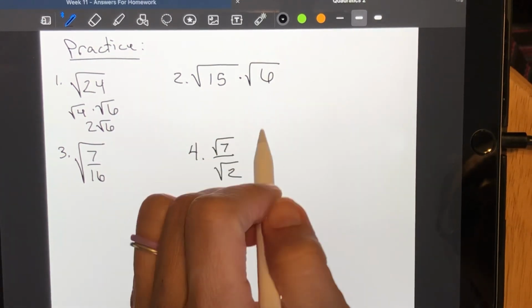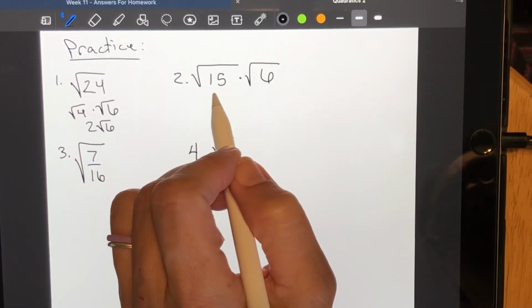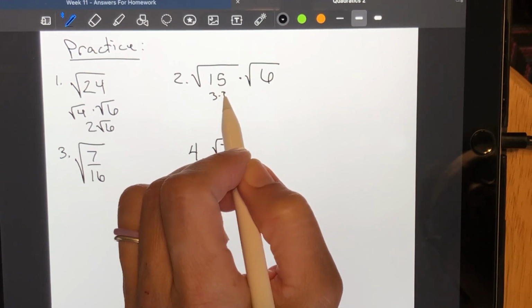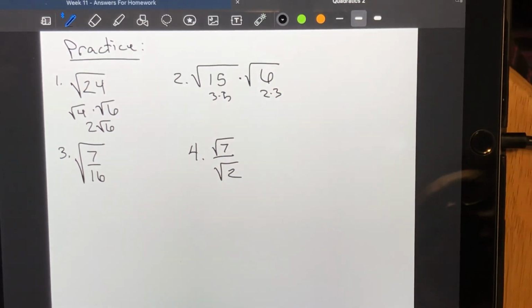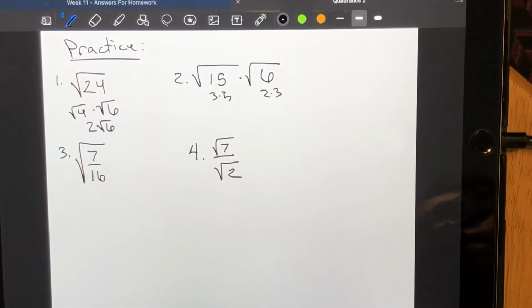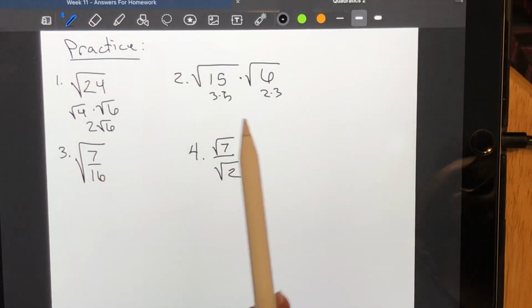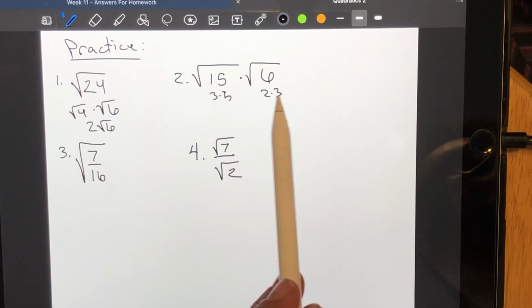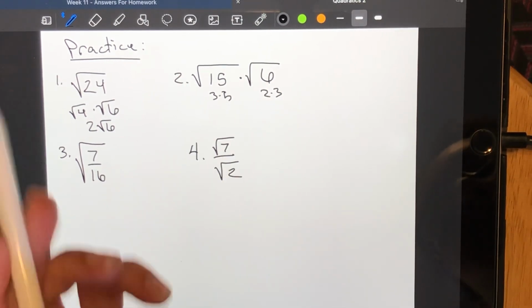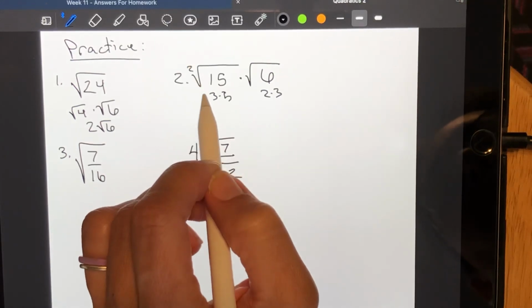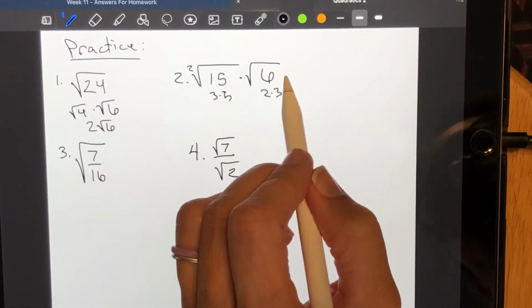Now here I've got 15 and 6, so I've got 3 times 5 for 15, and I have 2 times 3 for the 6. Well, it would benefit me if I put these together. If I put them together, then I would have 2 3s underneath the same radical, which tells me I need a root of 2. So I would be able to get my 3.